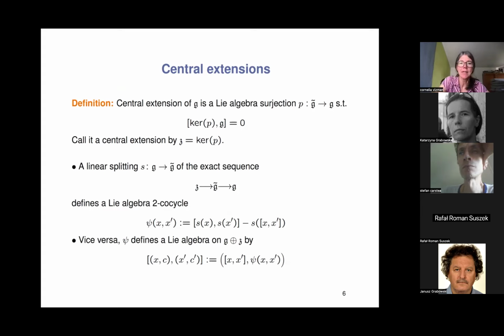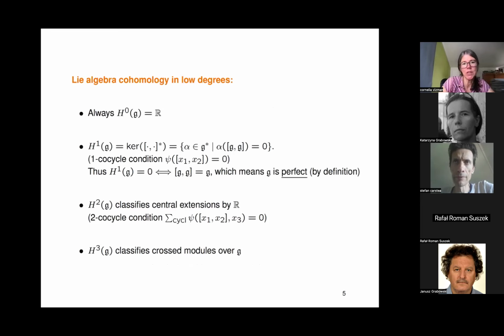And vice versa, if we have a cocycle, we can define a central extension of g. One still has to check that if it is a coboundary, then we get a trivial central extension. So we indeed have that H2 of g classifies central extensions.